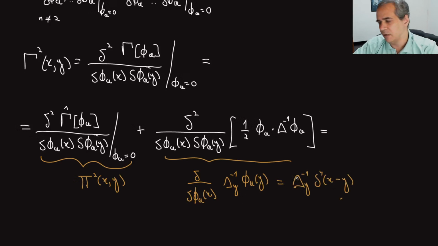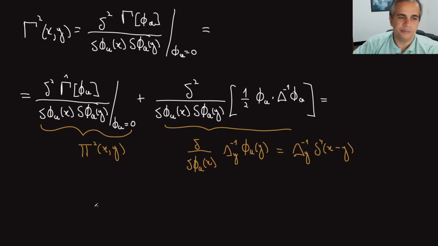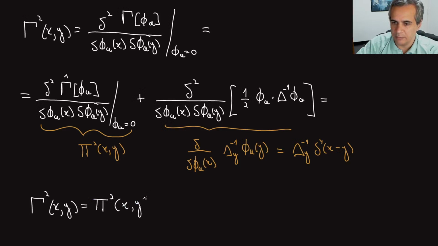Of course, I can make sense of this by writing this Dirac delta as a Fourier transform and then acting the operator in the exponential of the Fourier transform. So that means gamma 2 is now given by pi 2 of x, y plus this thing.